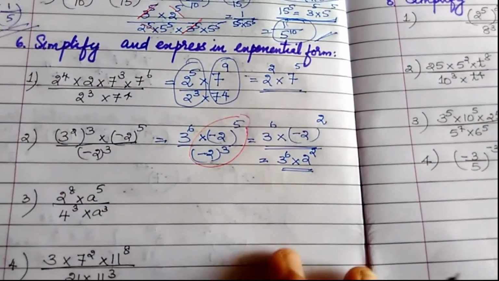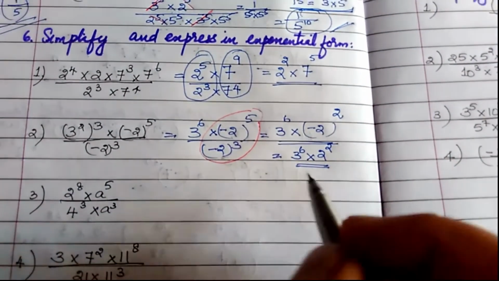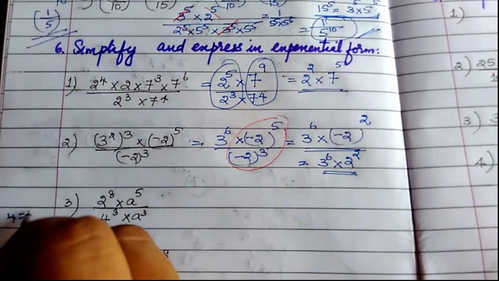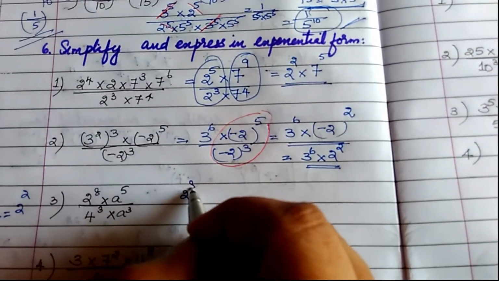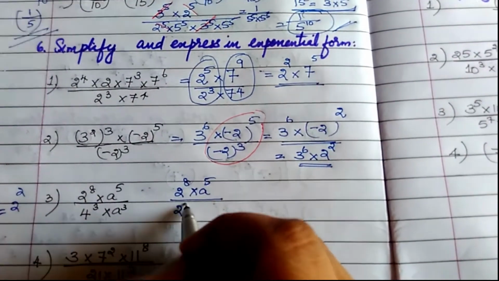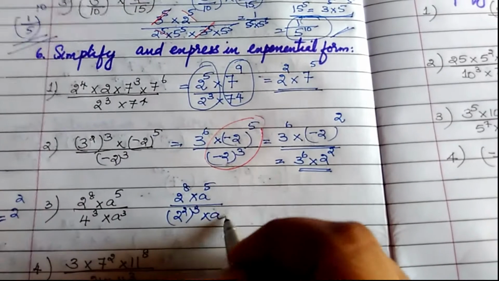Okay. Now next is 2 to the power 8 into 8 to the power 5 upon this one. Here 4 can be written as 2 square. Okay. Now 2 to the power 8 into 8 to the power 5 upon 2 square to the power 3 into 8 cube.